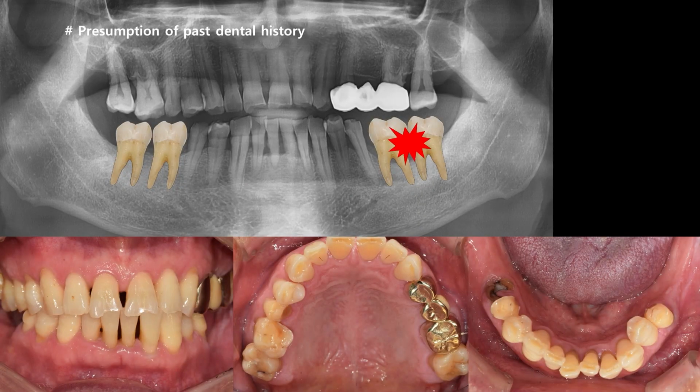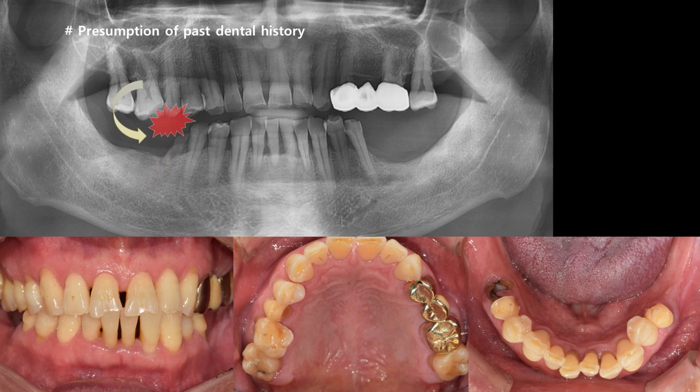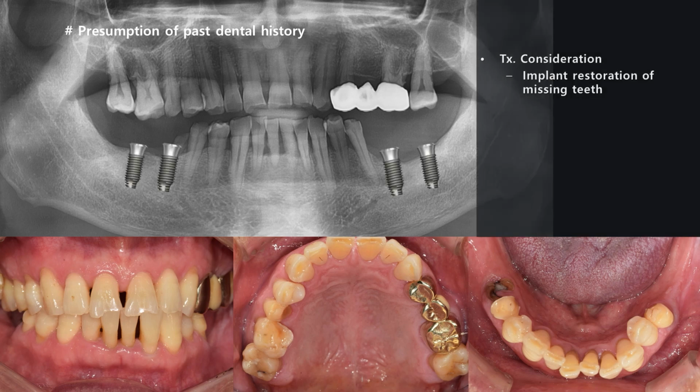The patient may have lost the posterior teeth and chewed on one side where excessive load was applied, so the teeth were lost, the opposing teeth extruded and were lost too, and occlusal force was concentrated in the anterior region, causing wearing and fracture. For the missing posterior teeth, one-stage, non-submerged type implants were planned with posterior implant restoration.